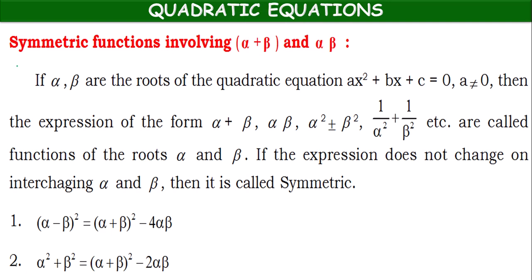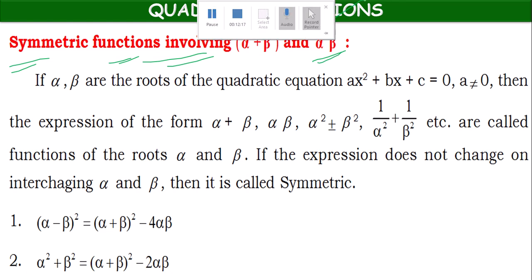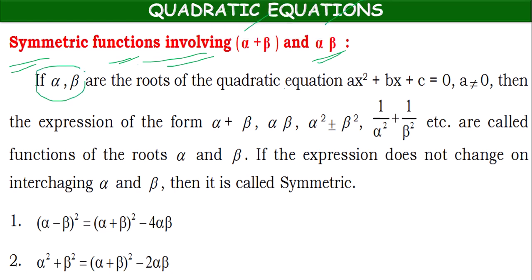Next, children. Symmetric functions involving alpha plus beta, alpha beta. Suppose alpha beta are the roots of this quadratic equation where a is not equal to 0 and a, b, c are real numbers.